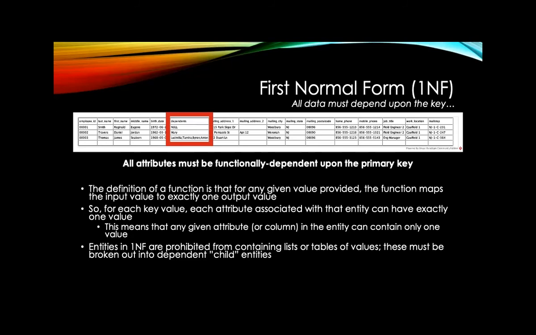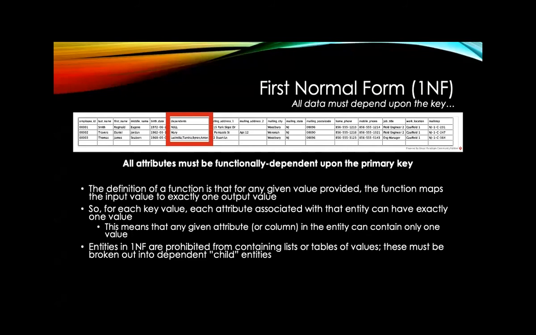So no repeating groups inside of a single column or attribute in the table. So no table-based columns, no comma delimited lists being stored in a single attribute, things like that. So if we look at this microscopic piece of overhead up here, our first column is employee ID, which is a synthetic number.